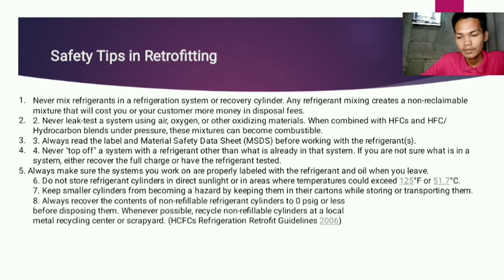Sixth is do not store refrigerant cylinders in direct sunlight or in areas where temperature ay mayroong 125 degrees Fahrenheit or 51.7 degrees Celsius. Seventh is keep smaller cylinders from becoming a hazard by keeping them in their cartons while storing or transporting them.